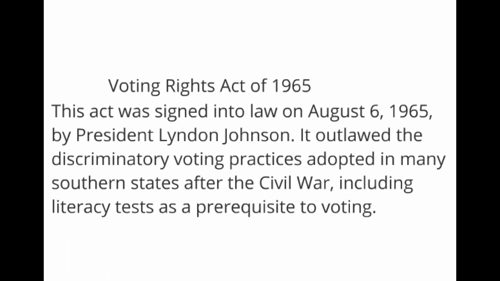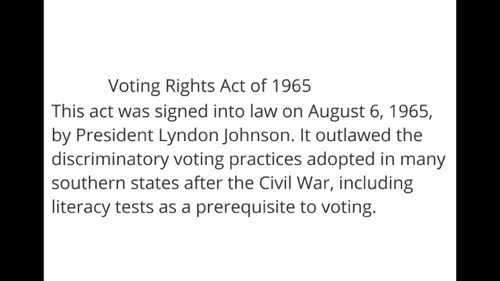So you can see here, the Voting Rights Act of 1965 outlaws discriminatory voting practices, meaning literacy tests, and then there's going to be Amendment 24, which is going to outlaw the poll tax, where one had to pay a fee to vote. All right, to again make sure that African Americans could register to vote and actually cast a vote.